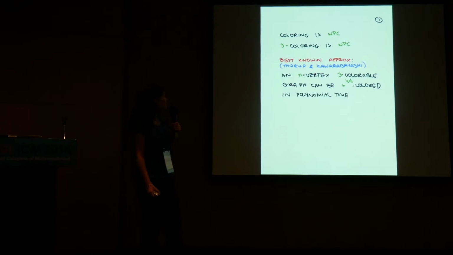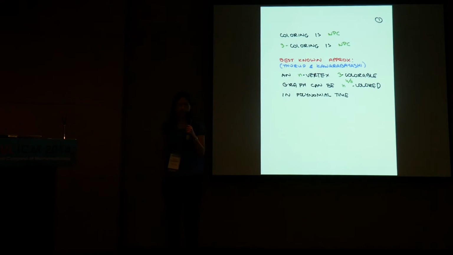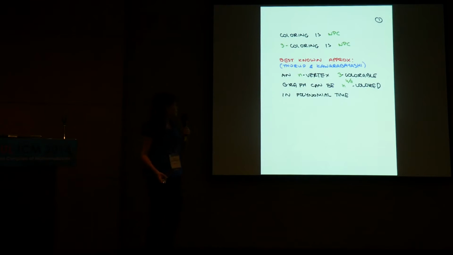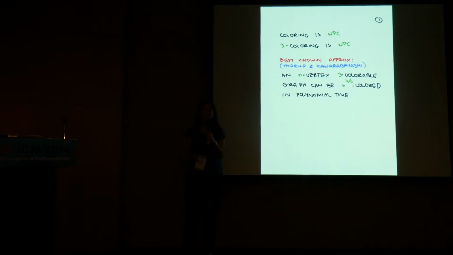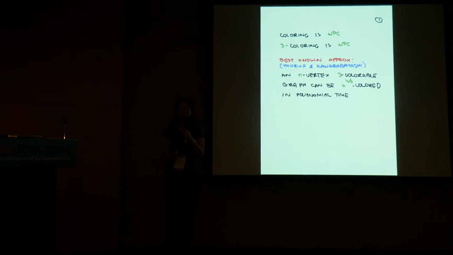So in particular, it's NP-complete to check if a graph is 3-colorable. Now, this next theorem is not really related to anything I'm going to say, but I feel like it's a good way to illustrate how hard coloring is.